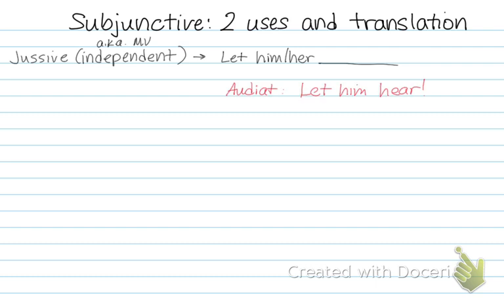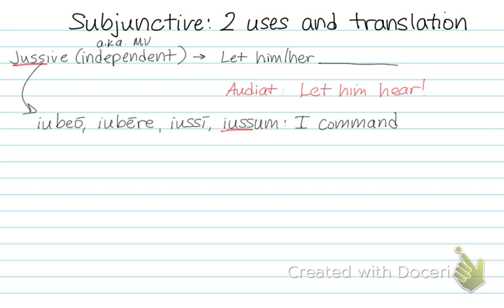So audiat is a complete sentence, let him hear or let her hear. The word jussive comes from the Latin iubeo, iubere, iussi, iussum, which means I command. So essentially this is a roundabout way of commanding somebody, a different way than using simply the imperative mood.